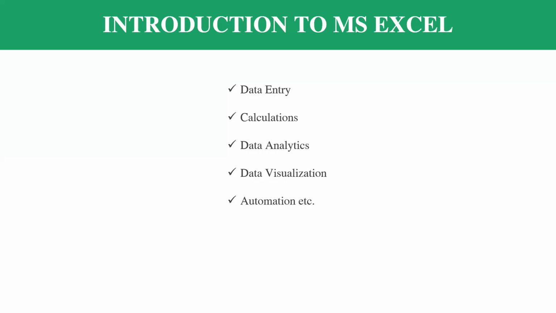All you need to do is click on one thing, and it will do the work for you. There are also many things you can do with Microsoft Excel, like using it as a database, and the rest. So these are all about Microsoft Excel, and that's what we are going to learn.